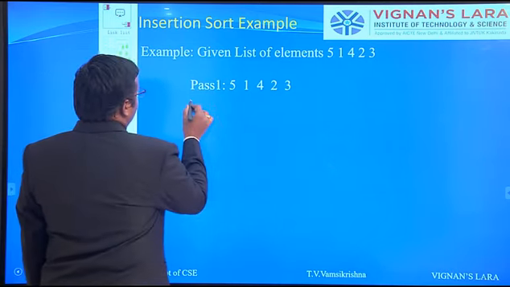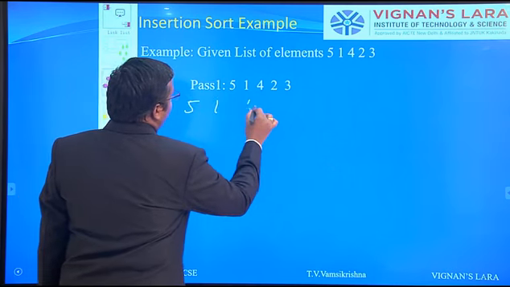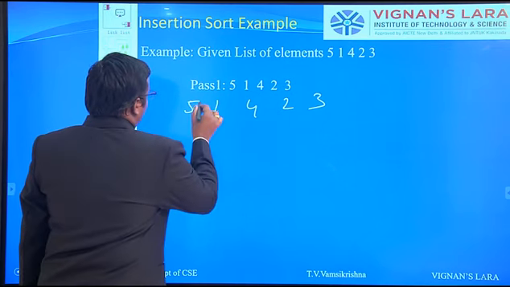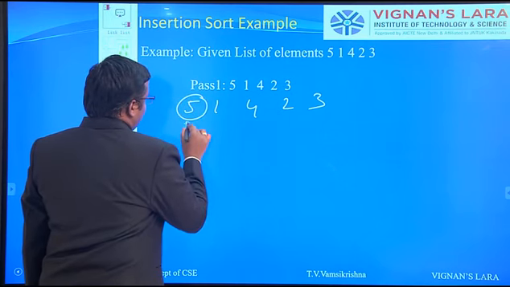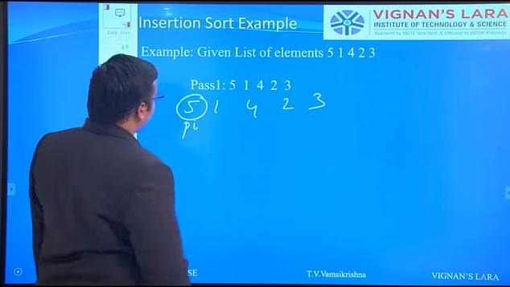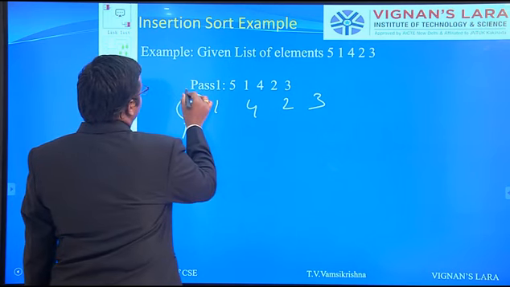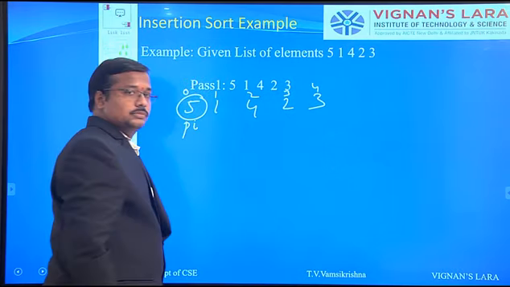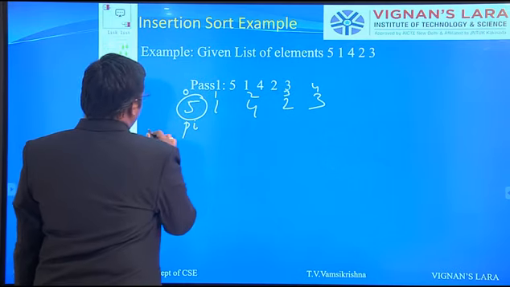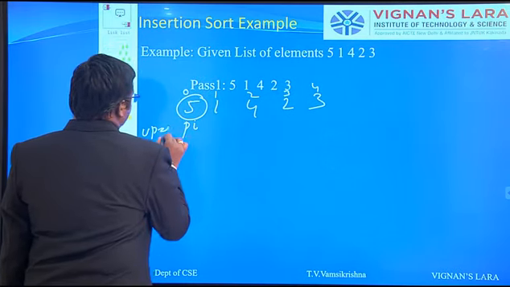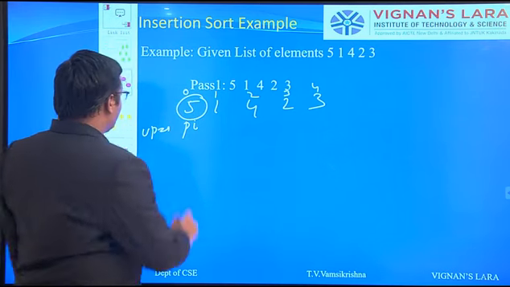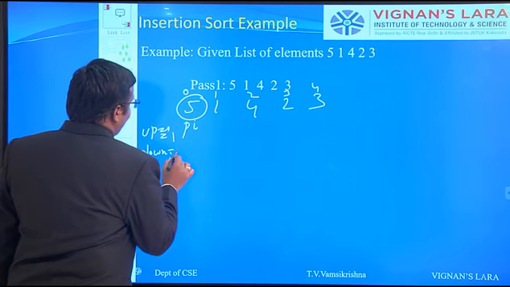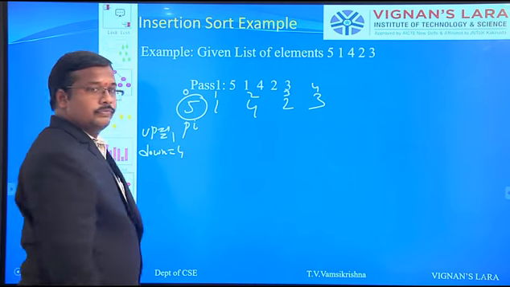Say in the first pass, 5, 1, 4, 2, 3. I am assuming that 5 is the pivot element. Consider the indexes 0, 1, 2, 3, 4. Here up points to 1, up value is 1, and the down value is 4.